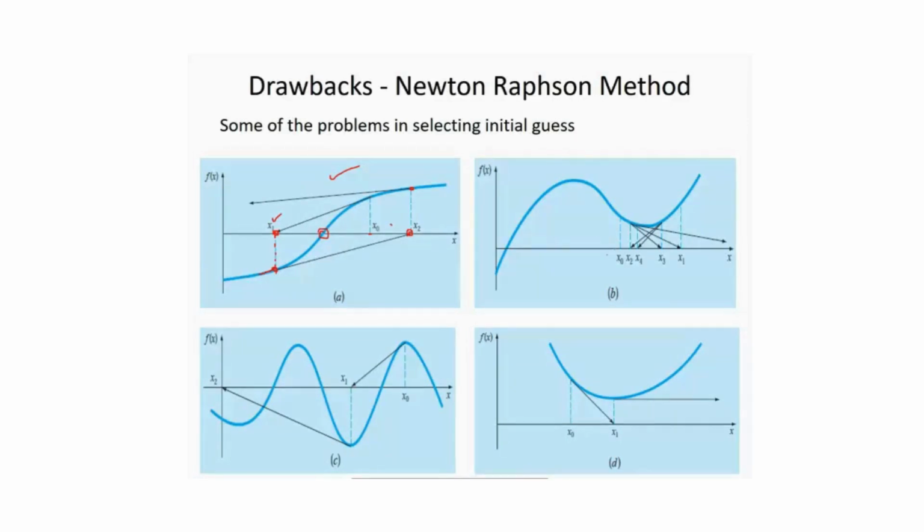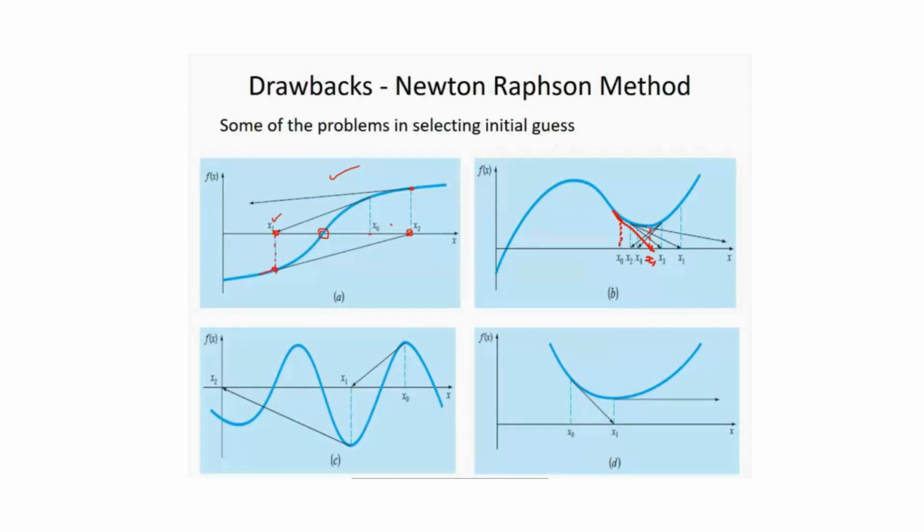See here, this is the selected initial guess. From this initial guess, we draw a vertical line. This vertical line touches somewhere here. From that point we have to draw a tangent. This is the tangent line, touching somewhere here. So this becomes x1. From here again you draw a vertical line.